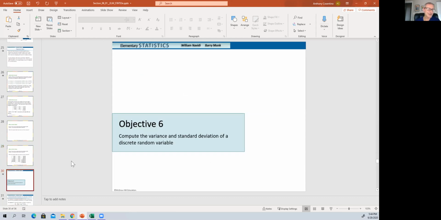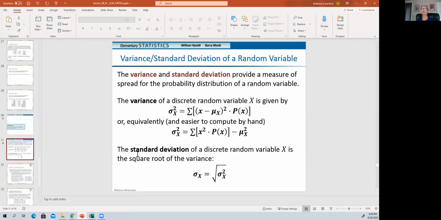So the last thing we're going to talk about is this calculation of variance and standard deviation. And standard deviation is a more important value than variance. The book tends to say calculate variance and take the square root. I usually do it the opposite: I'll calculate the standard deviation, and if I want variance, I'll square the standard deviation to get the same thing.